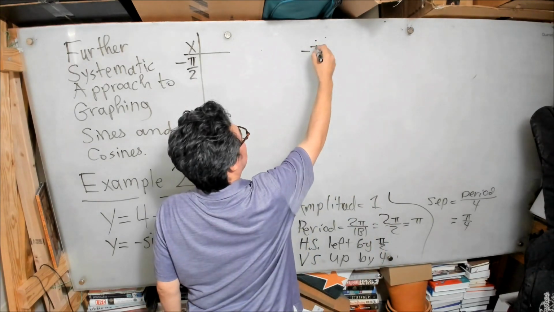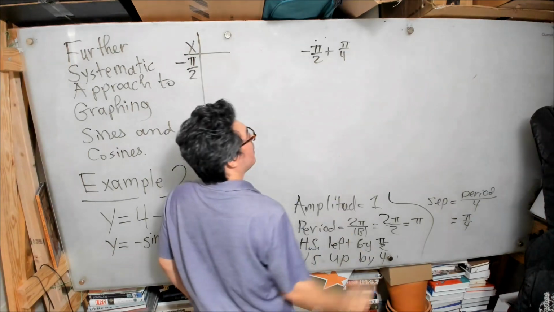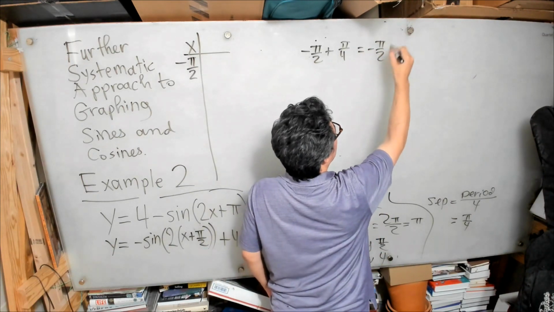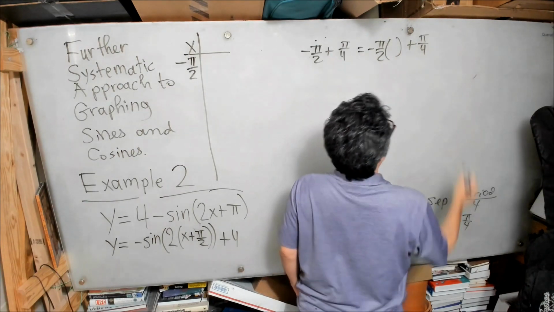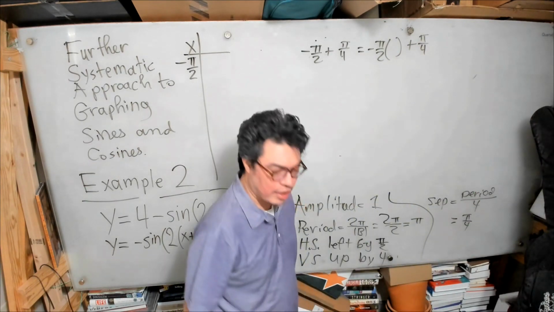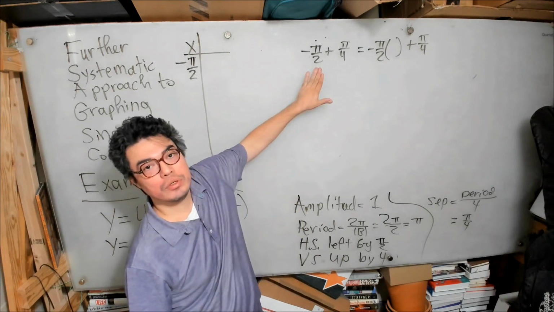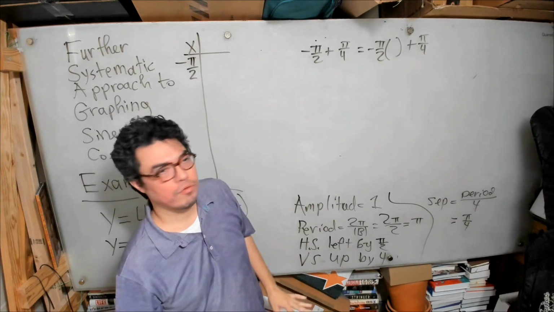What is negative pi over 2 plus pi over 4? That's going to equal negative pi over 2 times something plus pi over 4. Now, as you guys might have already noticed, if I multiply 2 by 2, I get 4. So that's why I know here that I'm not going to have to multiply the pi over 4 by anything.